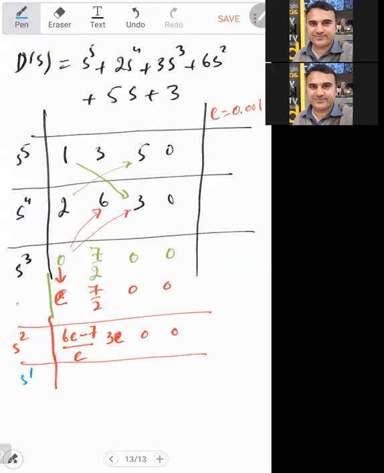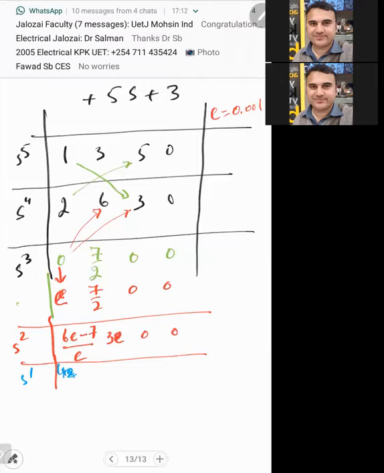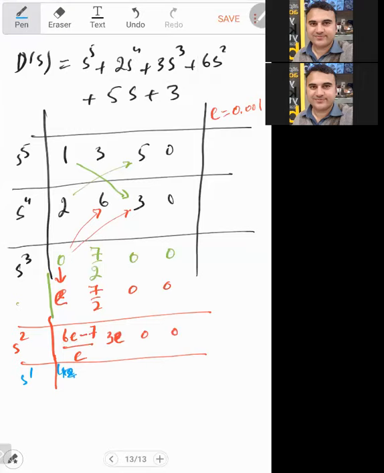Similarly, we come to s1, and if you find x1, from the calculation it will be equal to 42e, sorry, 42, let me write again, this will be equal to 42e minus 49 minus 6e square divided by 12e minus 14.